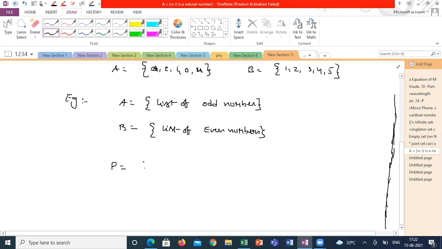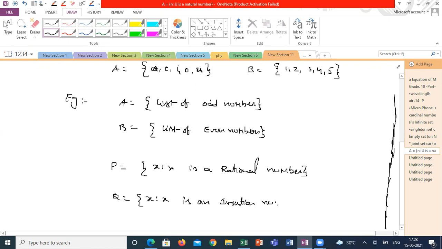P is the set of x such that x is a rational number, and Q is x such that x is an irrational number. Any other examples? Set A is x such that x is a positive integer, set B is x such that x is a negative integer. I can say that is also a disjoint pair of sets.